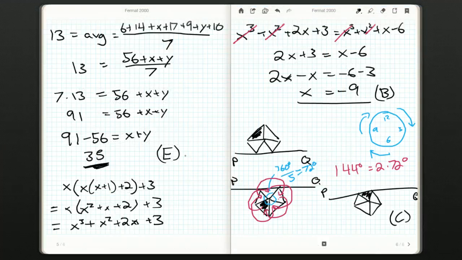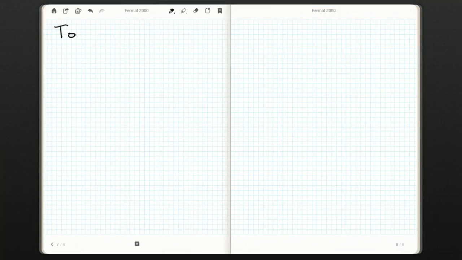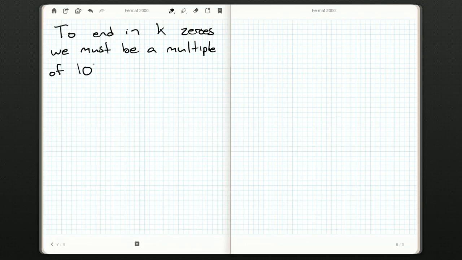Let's get ourselves a new piece of paper. So to end in k many zeros, you must be a multiple of 10 to the k.